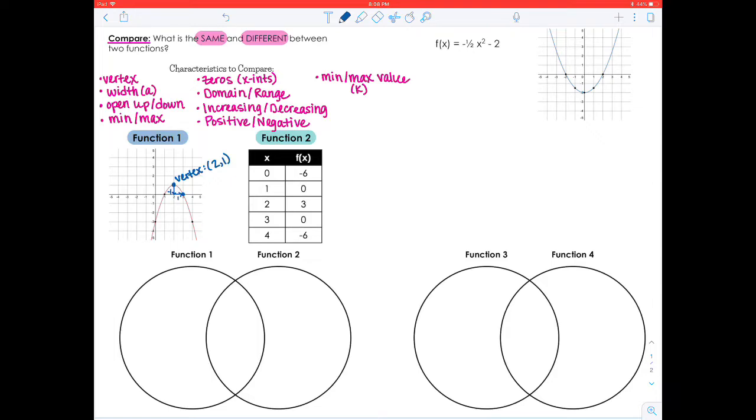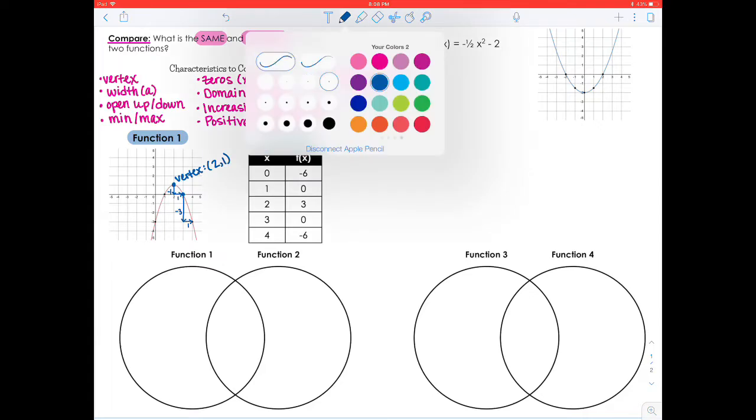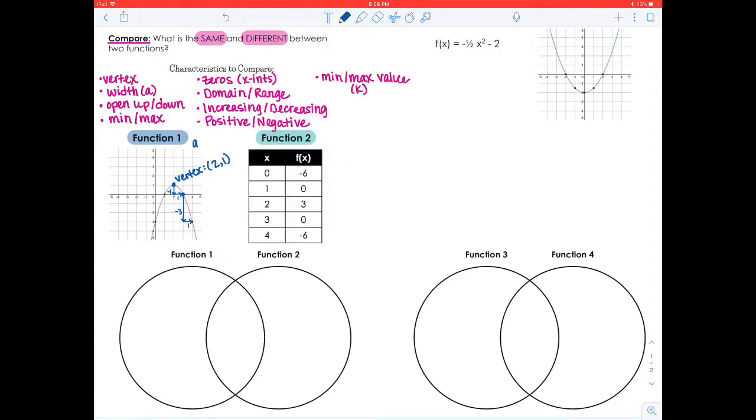And then the next thing you do is then you go down 3. Down 3, right 1, and that follows our pattern when A is 1. You only need to look at those first 2 points though. So those first 2 points are sufficient for that. So we know that A must be -1 because it's opening down, so it's got to have a negative A value.